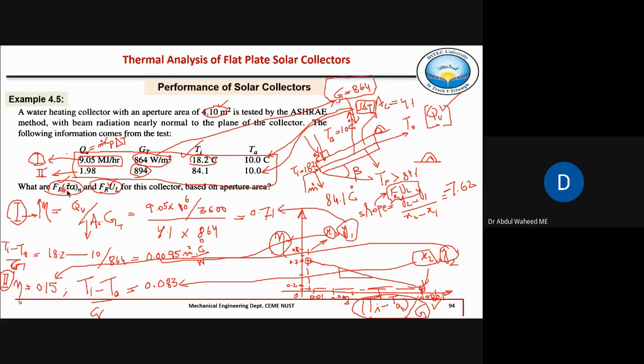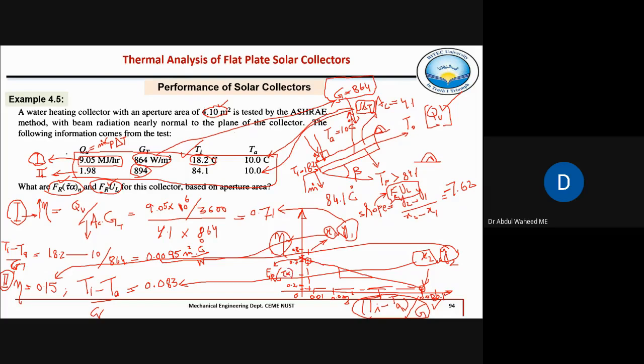Now the second term is to find this FR tau alpha, which represents the intercept of this line. Intercept means if we extend this curve further until it touches the y-axis. So this point represents FR tau alpha. And what is that point?